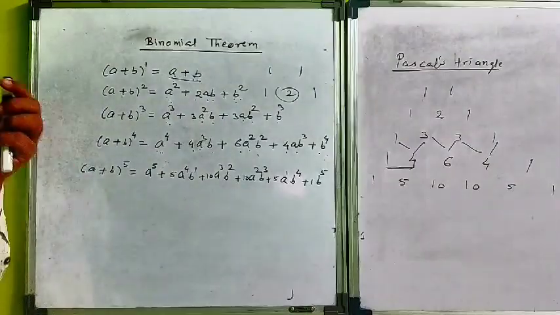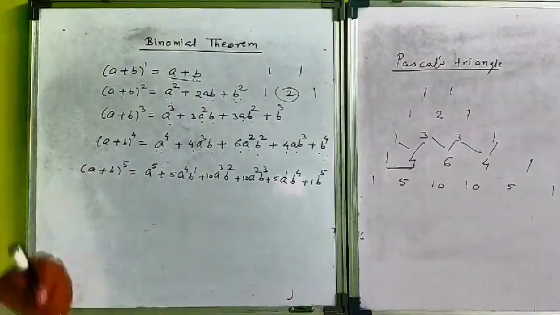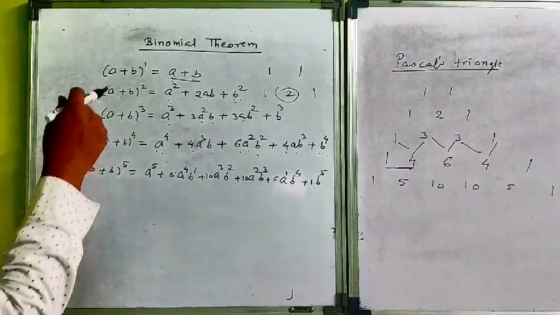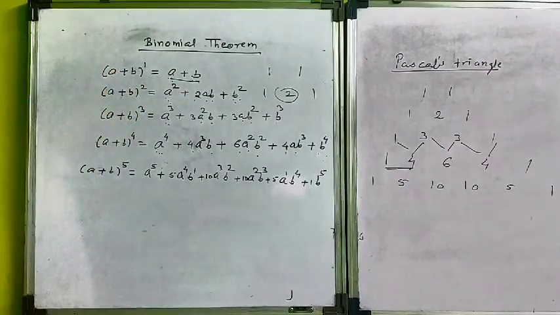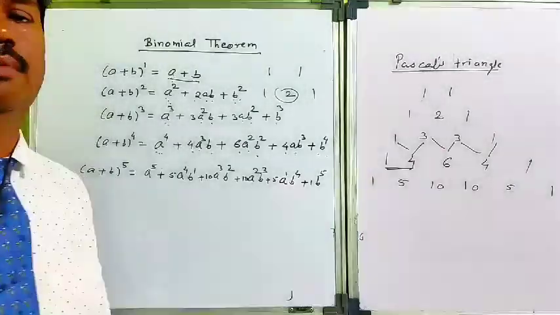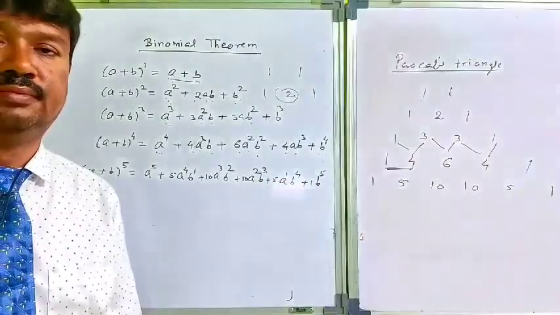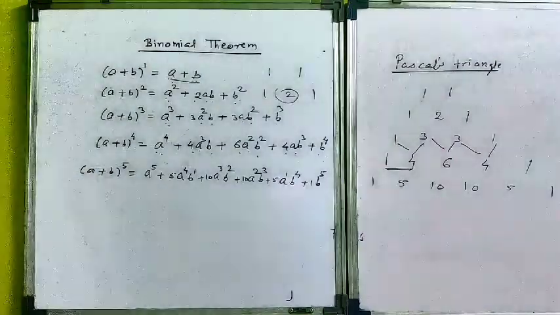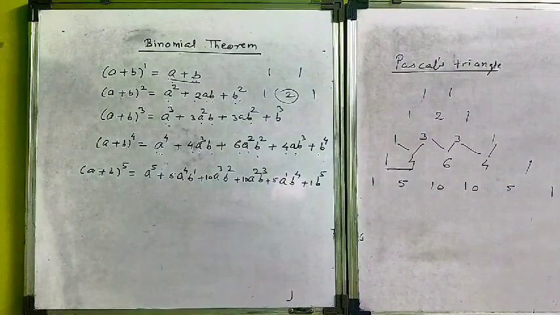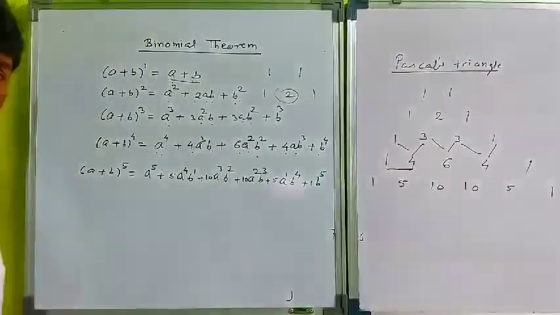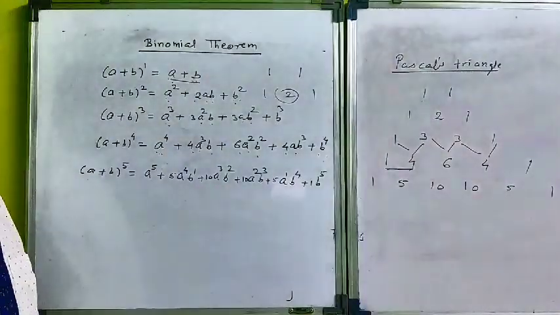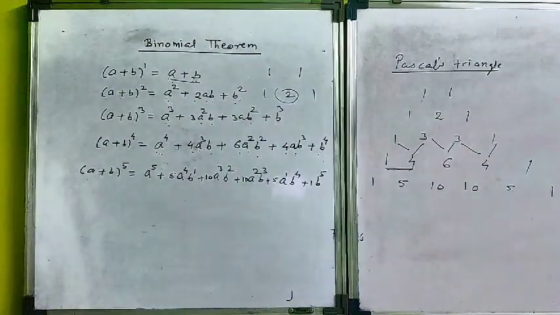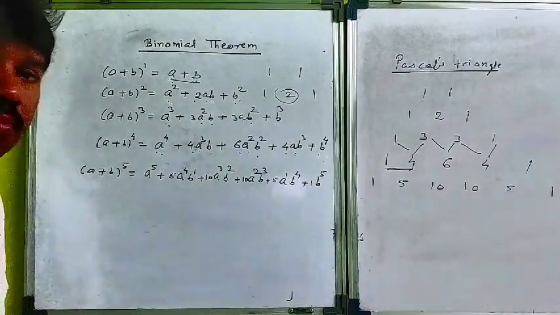This particular expression, in which two terms are involved along with their power, is called a binomial expression. So what is a binomial theorem? When you write the same thing as a general formula, it is called the binomial theorem.